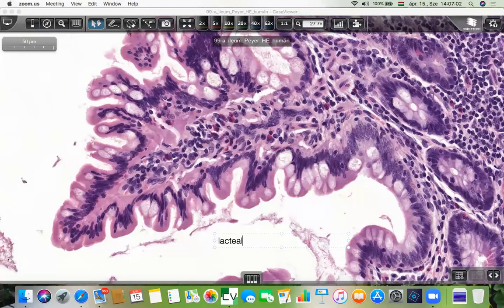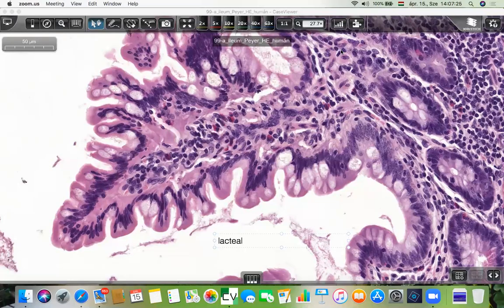The lacteal is a lymph vessel starting from the top of the villus and going down, uniting with the bigger lymphoid structures. So in the intestinal villi, we can find small arteries, veins, and lymphoid vessels called lacteal.